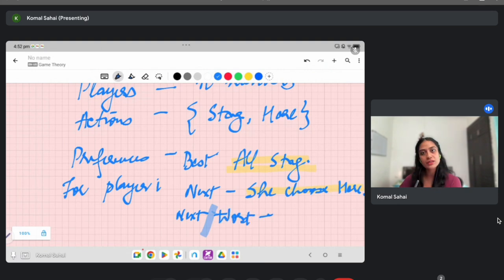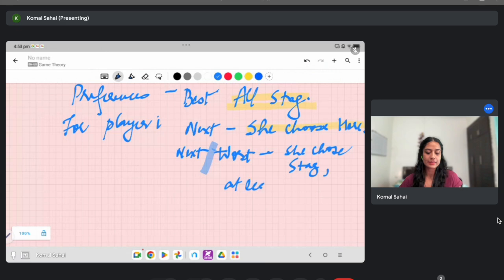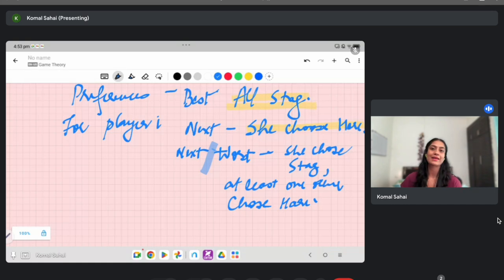is when you are the one coordinating and someone else gave dhoka, right? So that means that she chose stag and at least one other chose hare. Because if even one goes, the stag is not going to be caught anyway.